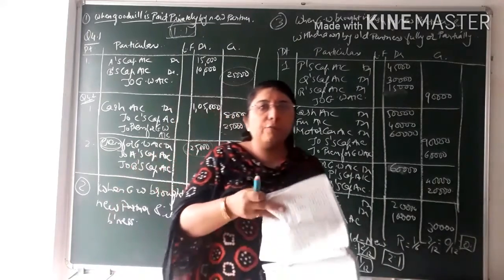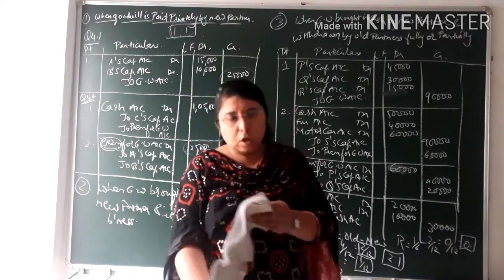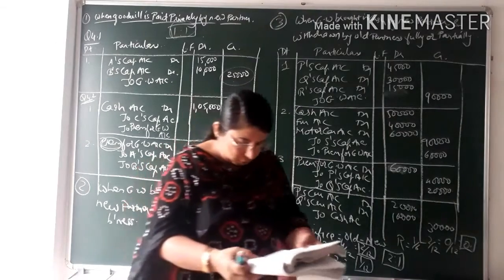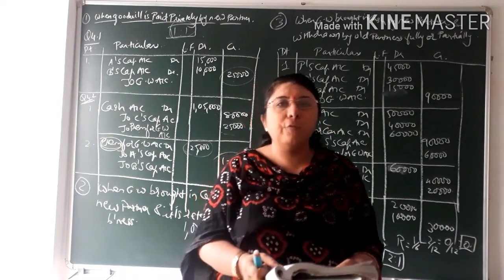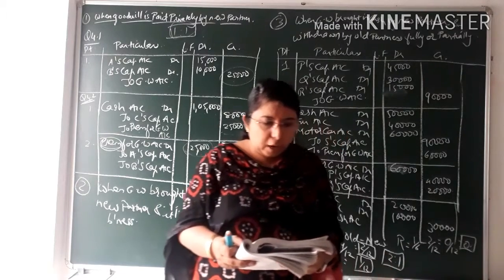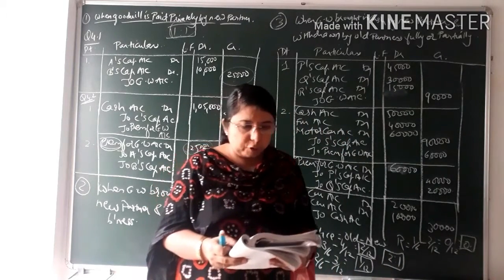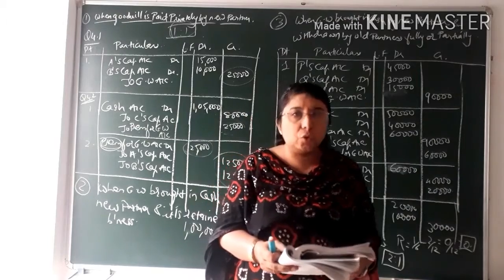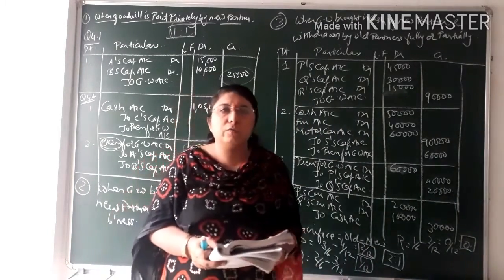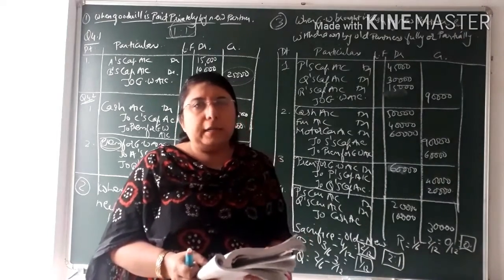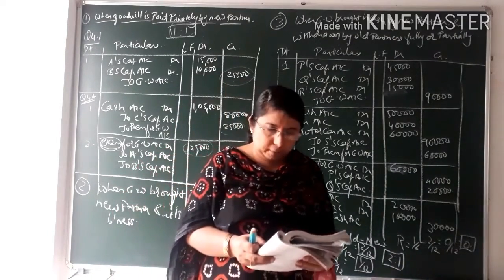For that I am taking the fourth question of your textbook. First of all, let us read the question, that is question number 4 on page number 206. P, Q and R are partners sharing profit and loss in the ratio of 3:2:1. It means the old ratio of the old partners P, Q and R is 3:2:1.